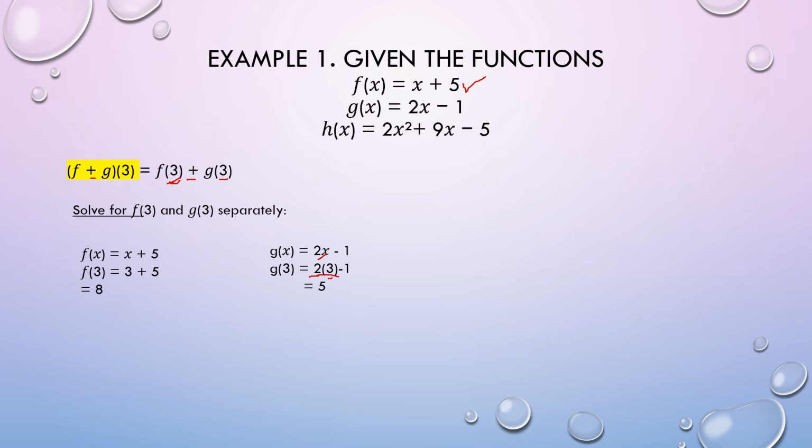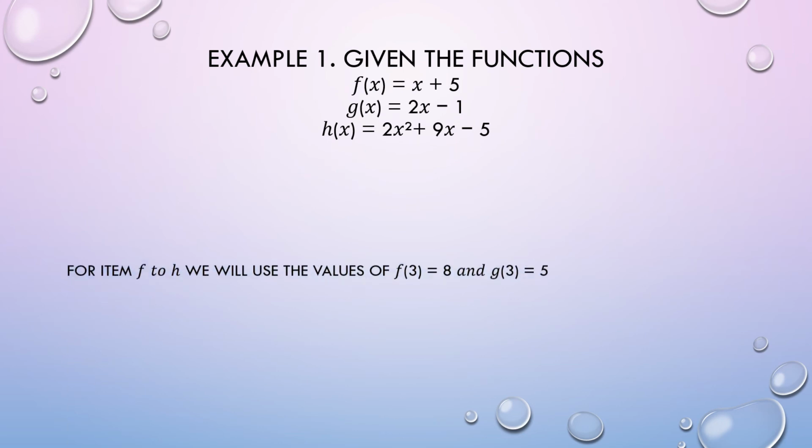Okay, this one is 6 minus 1. We have 5. So therefore, the value of f at 3 is 8 plus the value of g at 3 is 5. Therefore, the answer is 13. Okay, do you have any question on that?